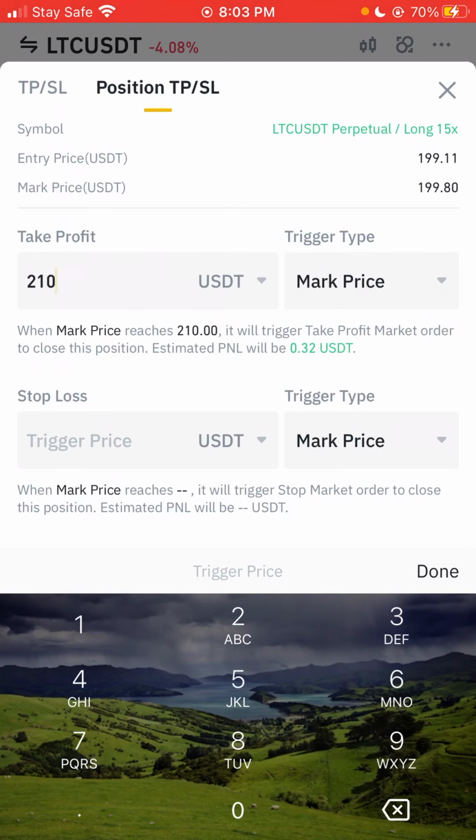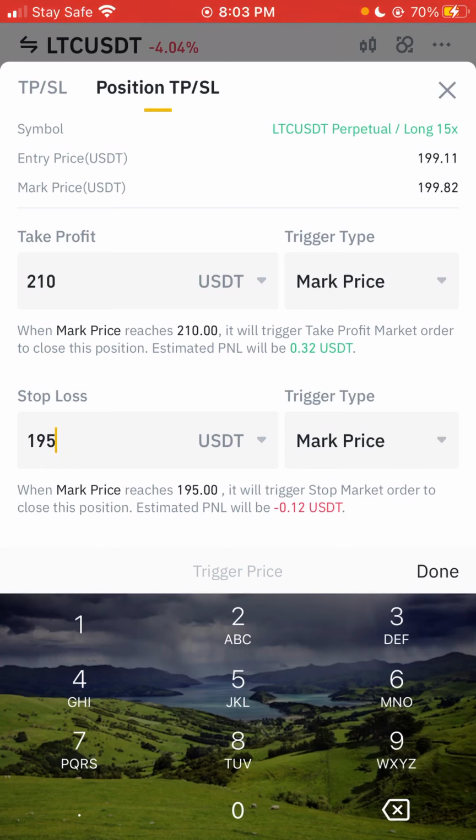If you come down here, you see stop loss. Okay, let's set our stop loss. I bought at 199.11, right? That was the amount I bought. And I say, after analyzing my market, I feel if LTC should drop down to 195, I want to be out of the market. So 195. Can you see?